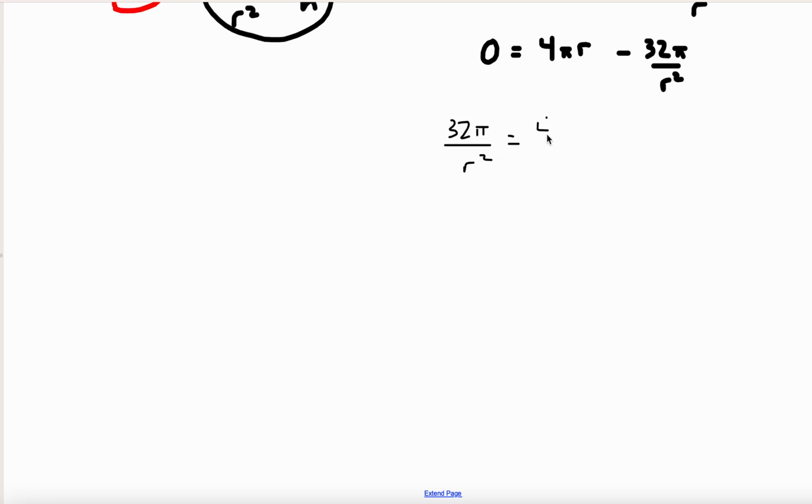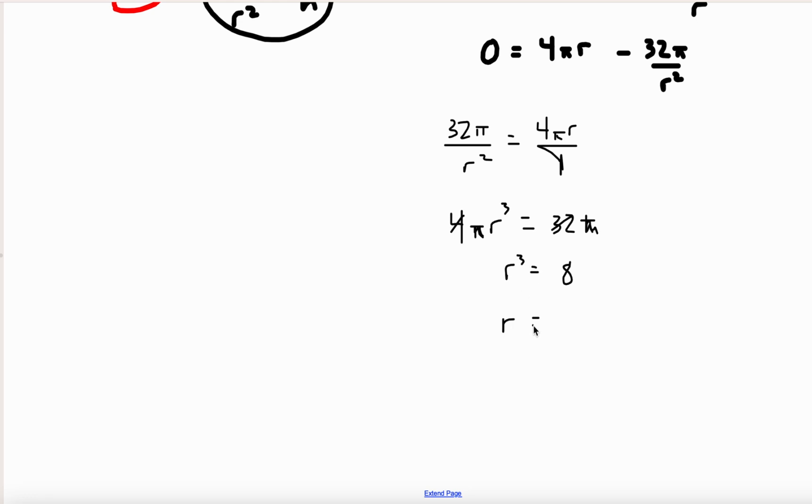I'd put the 4 pi r on the other, and I would just treat this like a cross multiplication problem. And I would get 4 pi r cubed equals 32 pi. The 4 and the 32 reduce to 8. The pi's knock each other out, and so I get r cubed equals 8, and that works out really well.